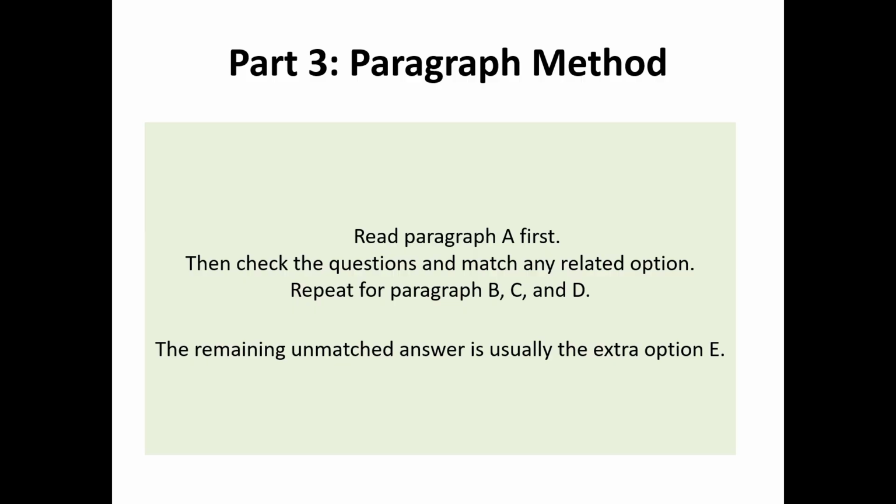Continue with paragraph C and paragraph D. Usually, if one option remains unmatched, that is the extra option. This method keeps your mind organized and reduces confusion. So the key strategy is matching paragraph by paragraph.